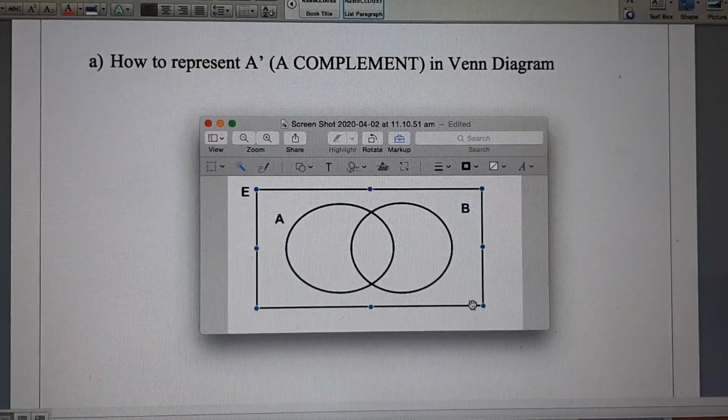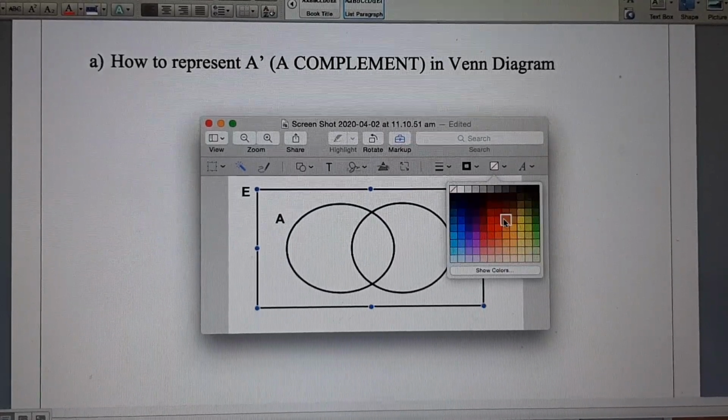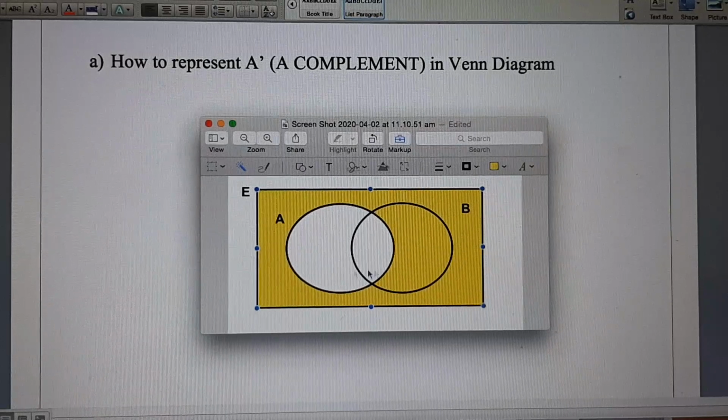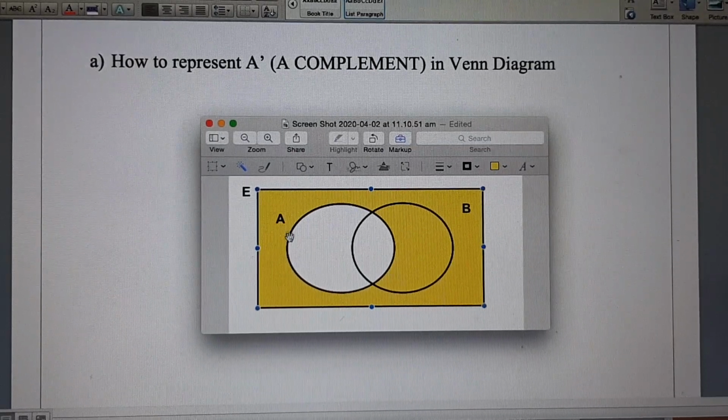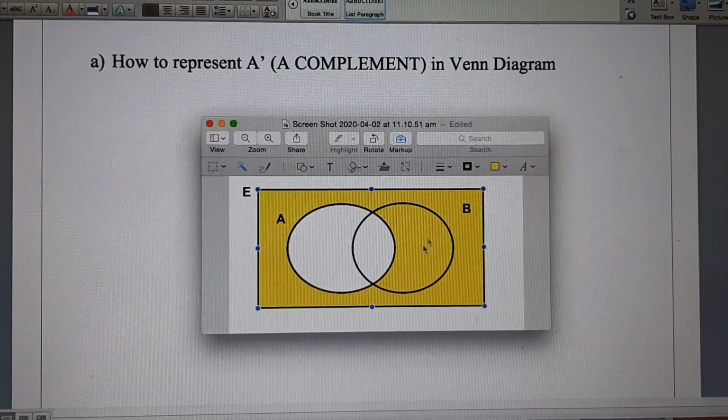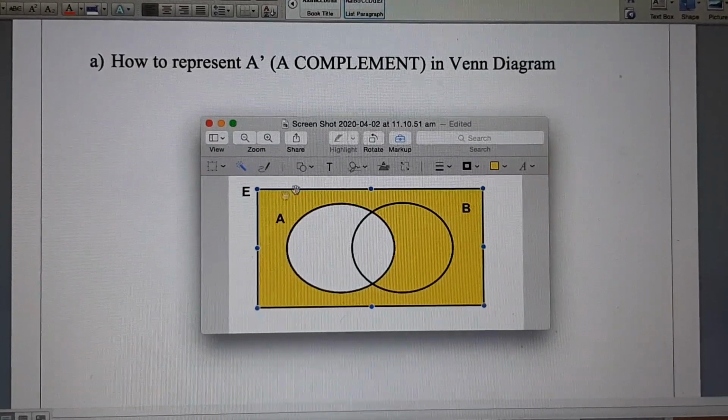Which means we are going to shade the region other than A. So we have to note here that whichever is the complement, if you are going to take complement of A, don't shade A, rather shade all the part other than A.